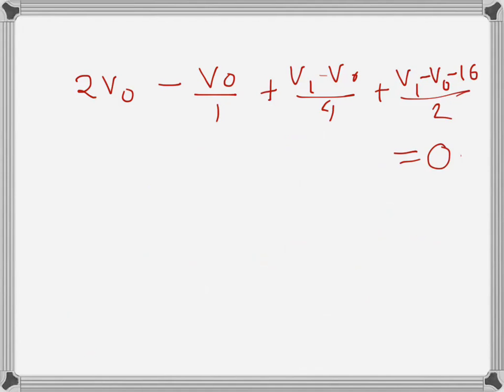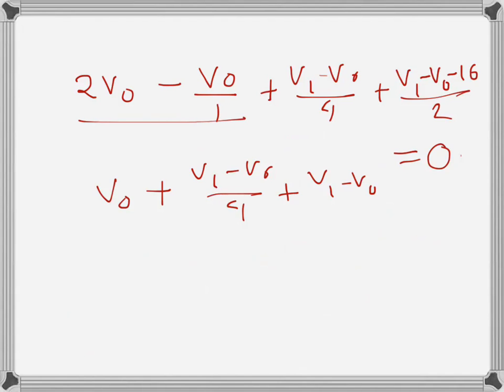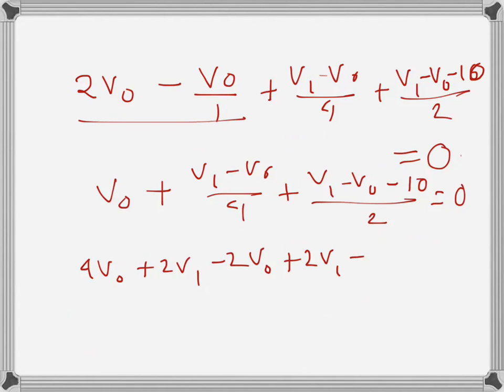So now again multiplying by 4 both sides, we get, first this one is just V0 plus V1 minus V0 over 4 plus V1 minus V0 minus 10 over 2 is equal to 0. So multiplying both sides by 4, 4V0 plus 2V1 minus 2V0 plus 2V1 minus 2V0 minus 20 is equal to 0.